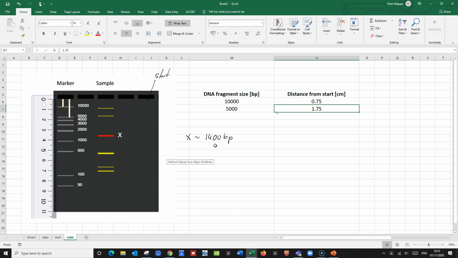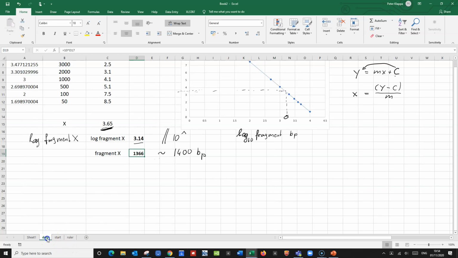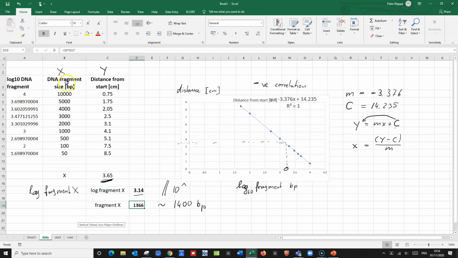And this is actually how you would analyze a DNA sample. All you need to do is measure the distance of your marker bands and the band that you are interested in from the start, and the start is the beginning of the well. And then the big thing is that instead of plotting DNA fragment size versus the distance, you plot the logarithm of the DNA fragment size versus the distance.